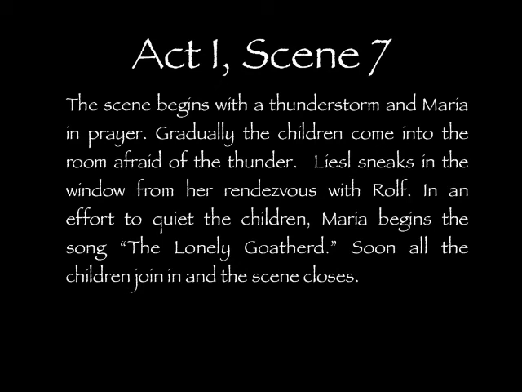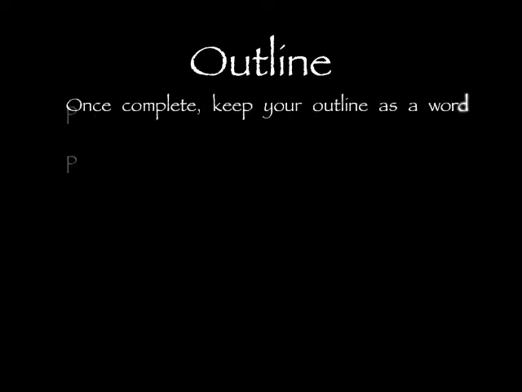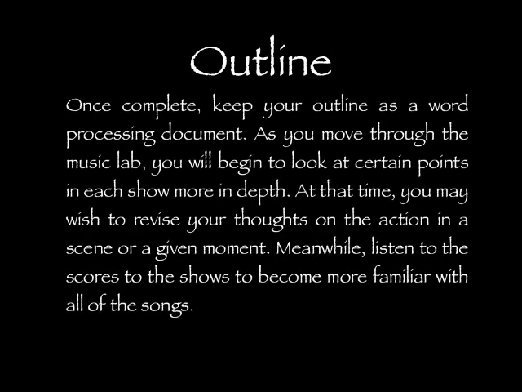So, creating this document that we want to create, I would like you to create a word processing document for each of these 3 shows, which basically is an outline. Once complete, keep your outline as a word processing document. In other words, we don't want to print a PDF or anything, because as we move through the music lab, we might look at certain points in each show more in depth.